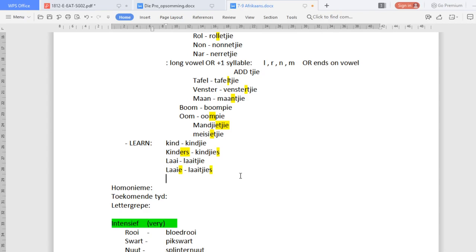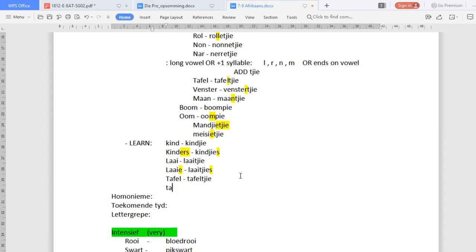Okay, let's look at something like this. Let's use a couple of examples that we already had. Tafel. We said is tafeltjie. Now, what about tafels? It's a plural, tafels.